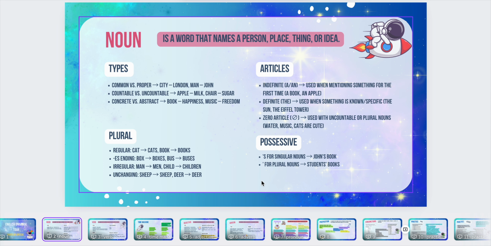Also, here we see the example chair. We can also count chairs. However, we cannot count milk because we cannot see how many.